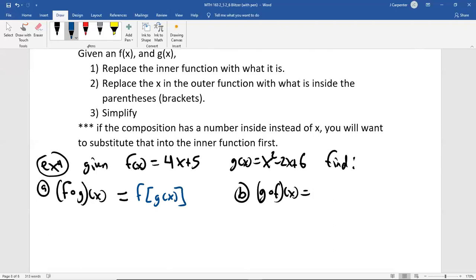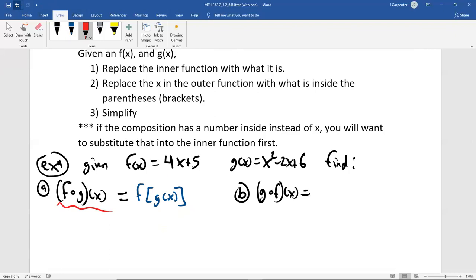Because every time you open a parentheses or a bracket, you say "of." So this says f of g of x. It's read the exact same way. But now you can see that g of x is the inside and that the f of whatever is the outside. It makes it easier to tell what's the inside and what's the outside, because written the other way, I can't tell what's in and what's out.